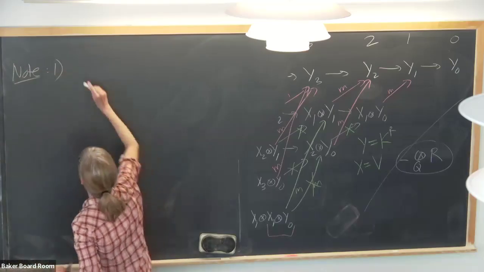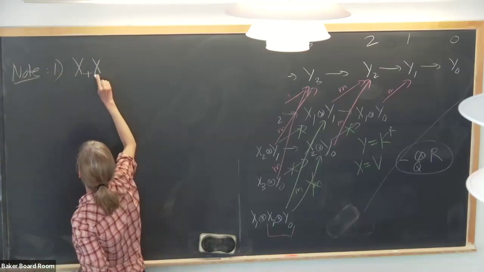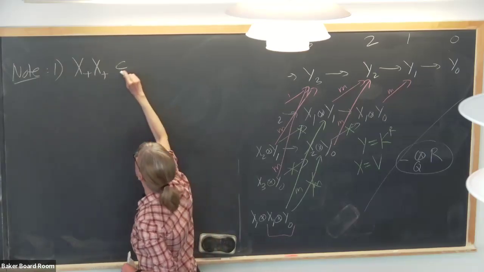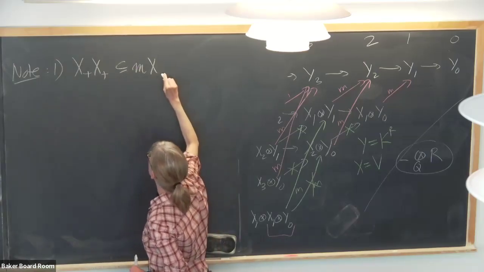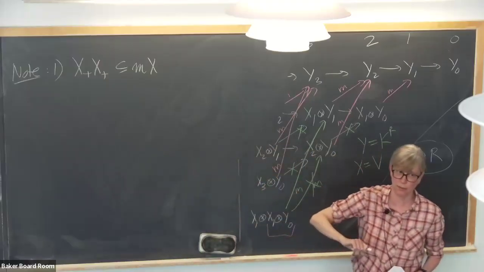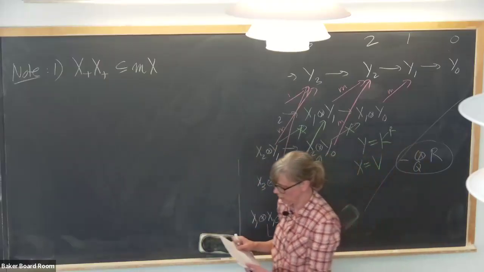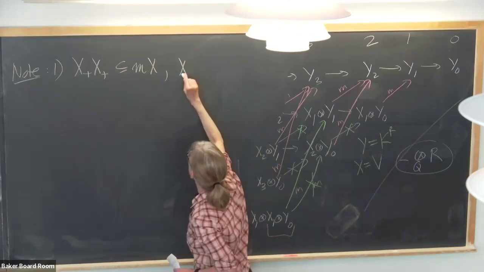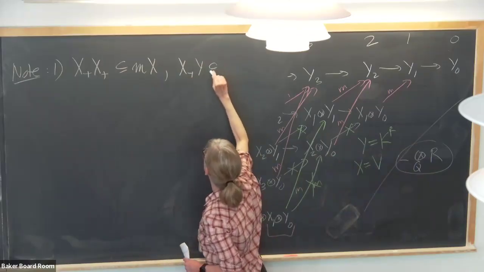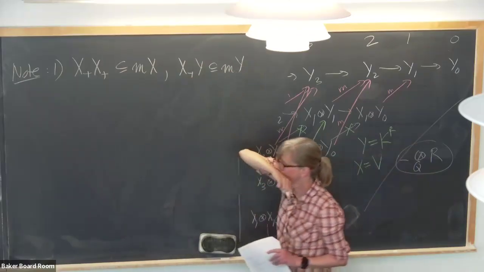One is that the products on X, at least in positive degree, are minimal. Namely, they land in the maximal ideal times the thing, and that's to do with Golodness. And the same for X plus times Y, contained in MY.